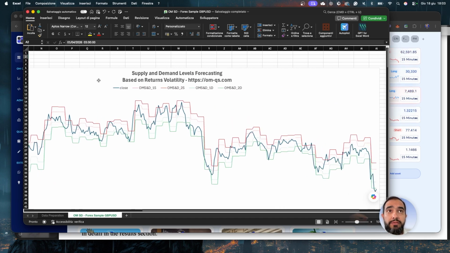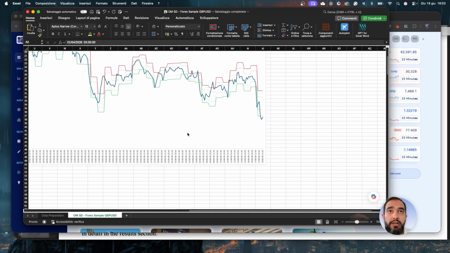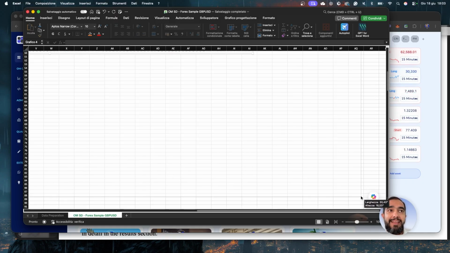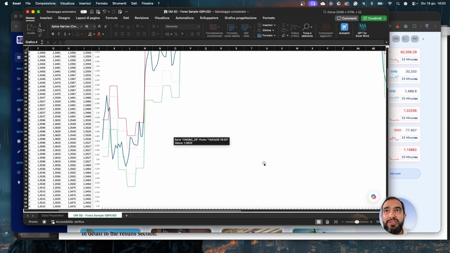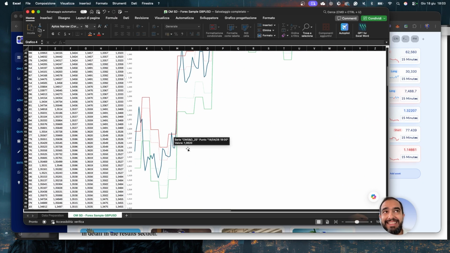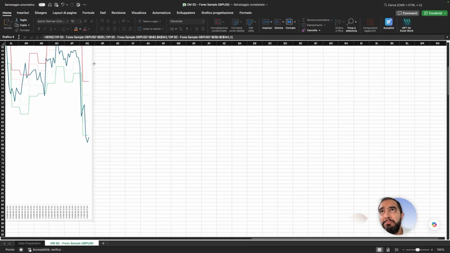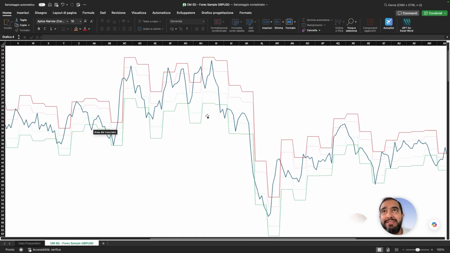And then I have done this chart, this plot. You can see that this is witchcraft. It's fantastic the way it works in Excel. The visualization is pretty bad, but you will get the idea.